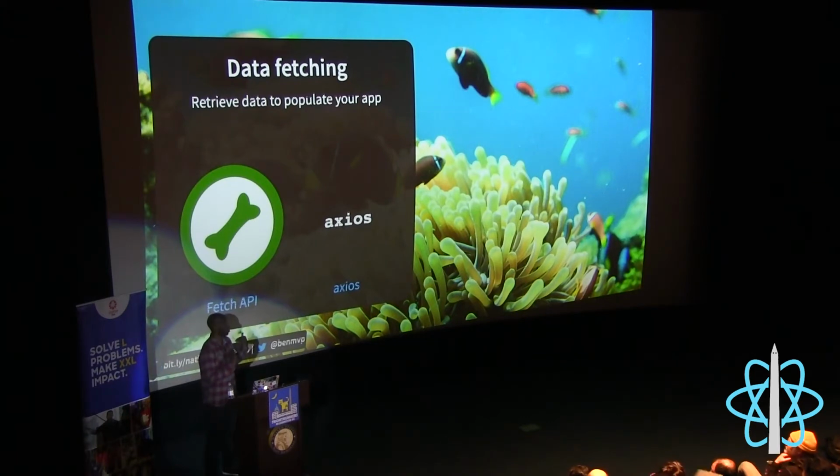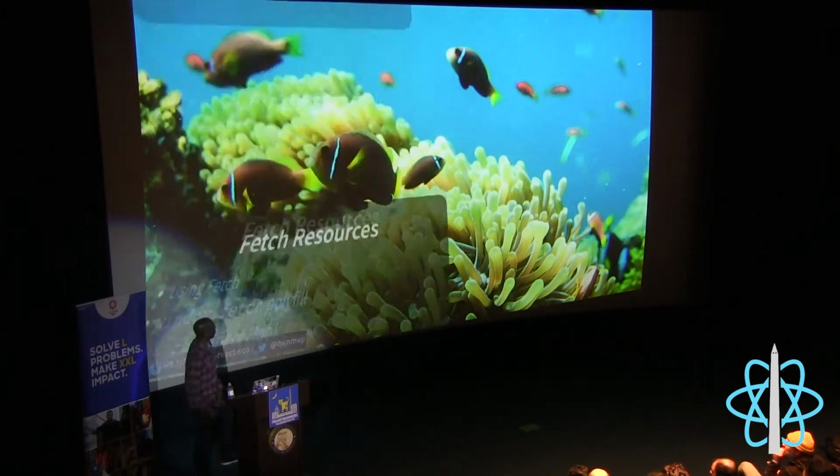So I've always just used the native fetch API and haven't had any problems with that. And then they're both promise-based, so once promises are able to be canceled, then the fetch API will also be able to be canceled as well.